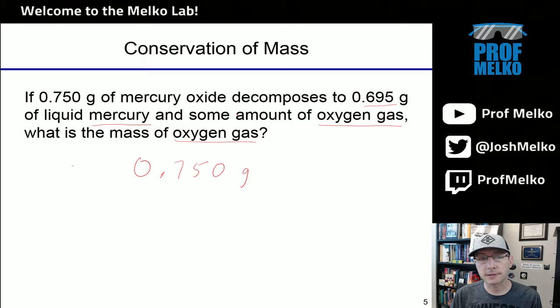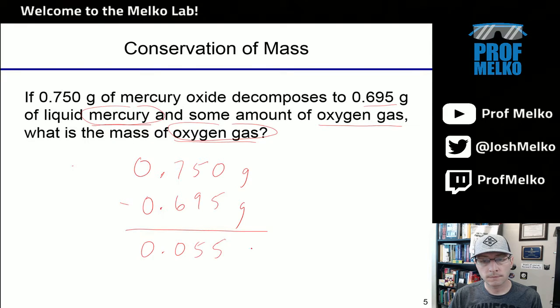So we know that this mercury plus oxygen gas must add up to this 0.750 grams. In other words, we can find the mass of oxygen gas by taking our original 0.750 grams of mercury oxide and subtracting the 0.695 grams, accounting for the liquid mercury. What we'll be left with is the amount of oxygen gas here, 0.055 grams.